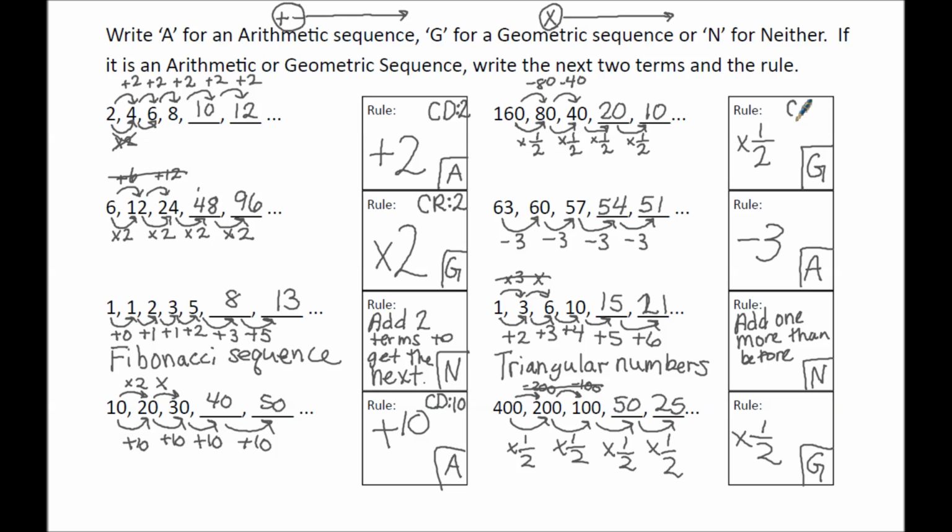Going back up to the top, this geometric will have a common ratio of 1/2 because you're kind of dividing by 2, but dividing by 2 is the same thing as multiplying by 1/2. And to stay consistent, our other geometric was increasing and had a common ratio of 2. And this one is decreasing, so it can't have the same common ratio.